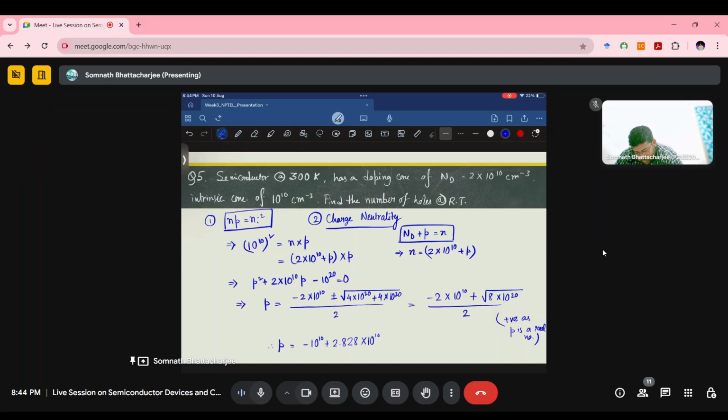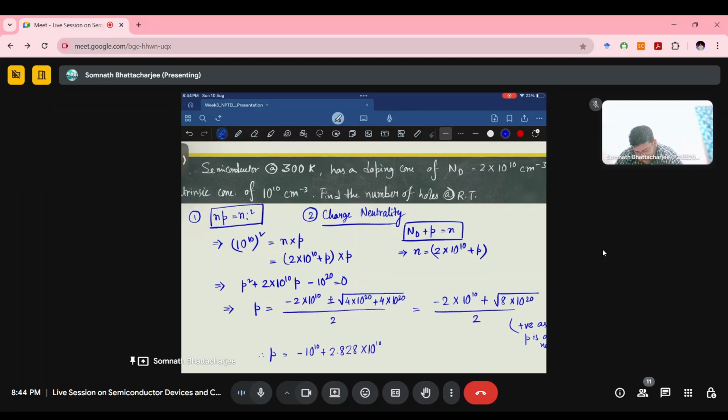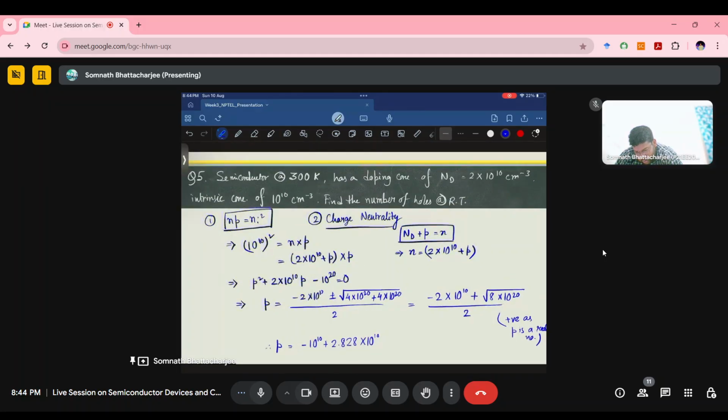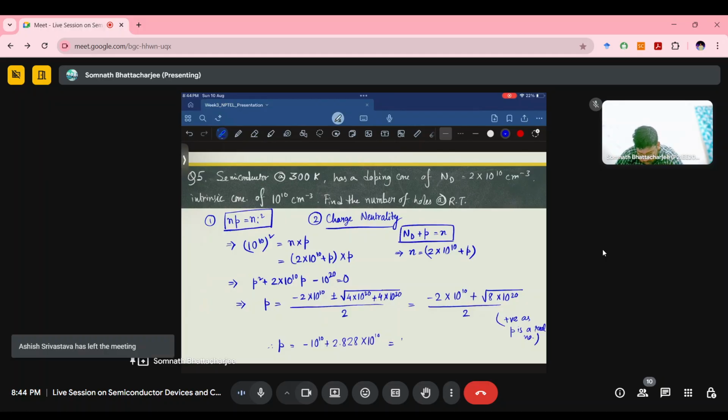Minus b plus minus root over b square minus 4ac, over 2a. Oh no, this is 2 anyways. So the value would be 1.828 into 10 to the power of 10 per centimeter cube, right? So the value is this.